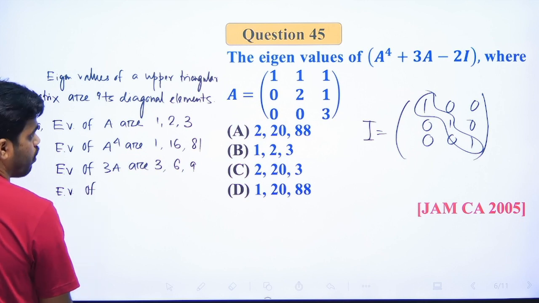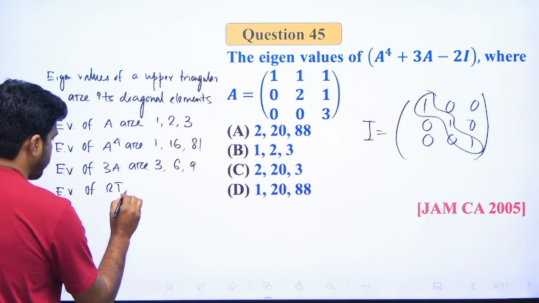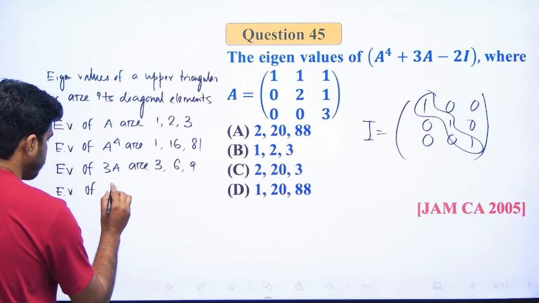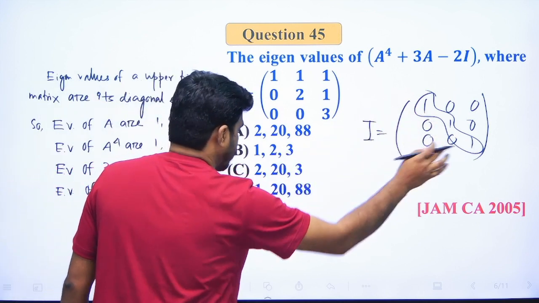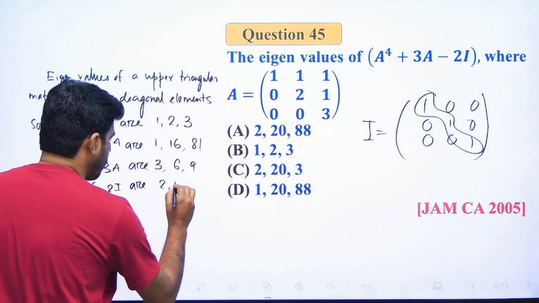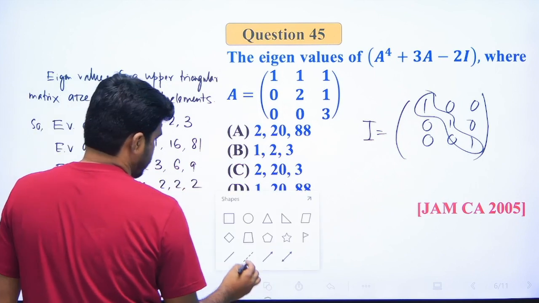So eigenvalues of 2I are, since the eigenvalues of I are 1, 1, 1, the eigenvalues of 2I are 2, 2, 2, right?